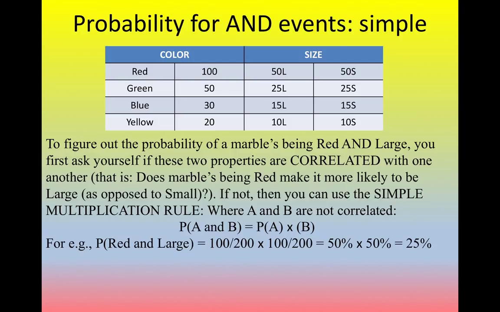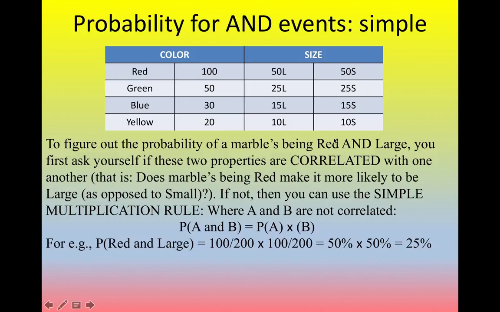So here we're being introduced to the simple multiplication rule for dealing with AND statements. You can use the simple version if A and B are not correlated. For red and large, not being correlated means the proportion of large among the reds is the same as the proportion of large among the marbles of any other color.